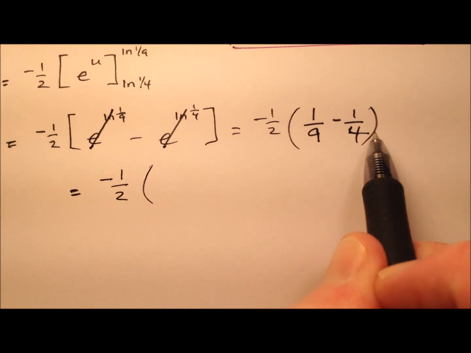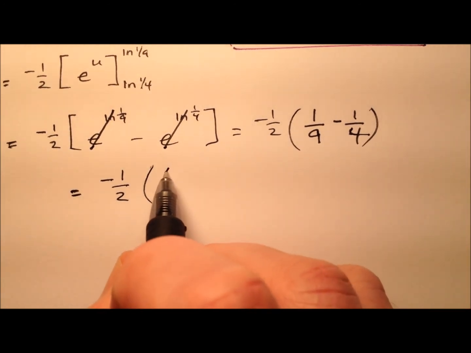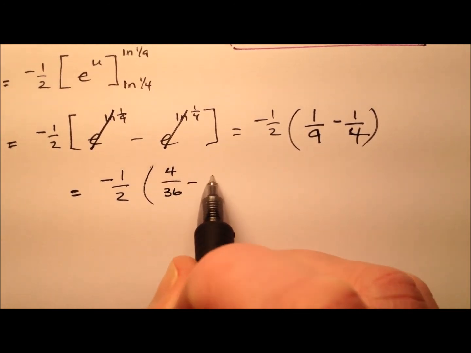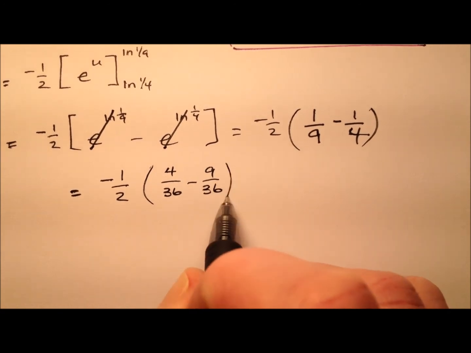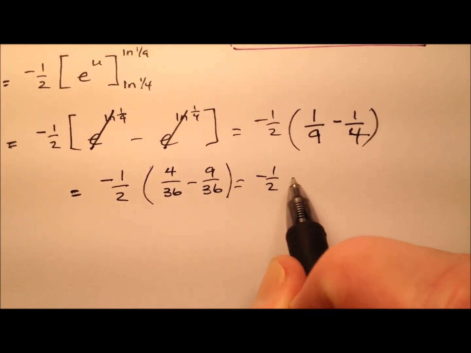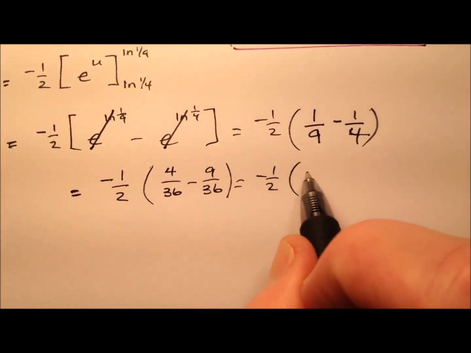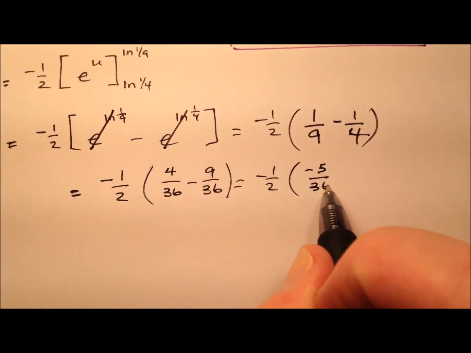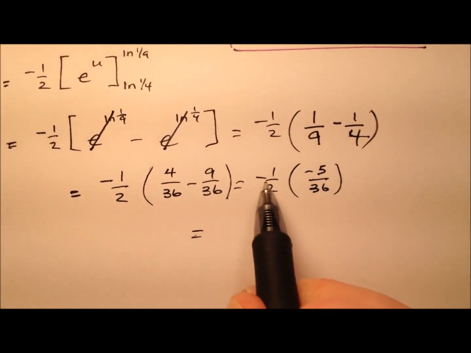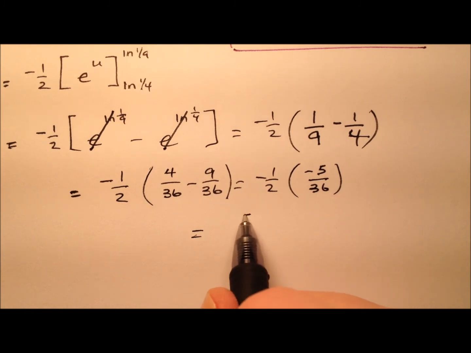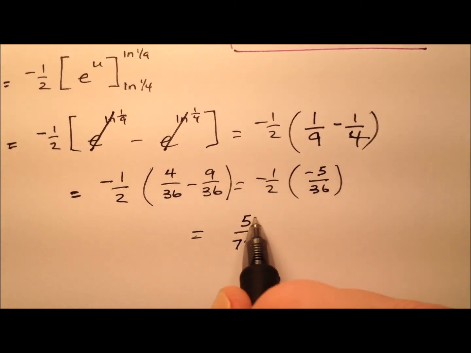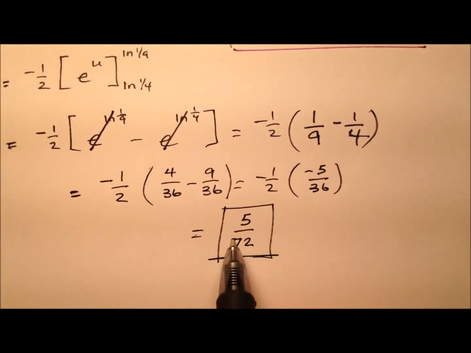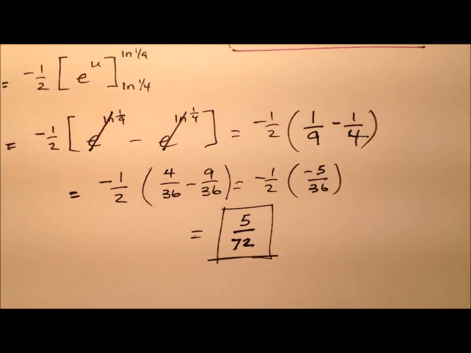It looks like between 9 and 4, let's see, 36, so we'd have 4 over 36 minus 9 over 36. Should be negative 1/2 times, what, negative 5 over 36. And the two negatives will cancel, and we'll end up with 5 over 72 for that integral when we evaluate it. Okay, so 5 over 72.